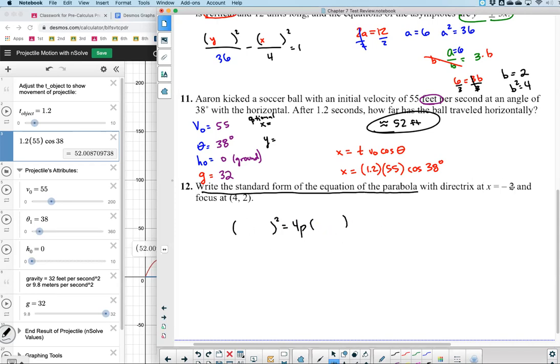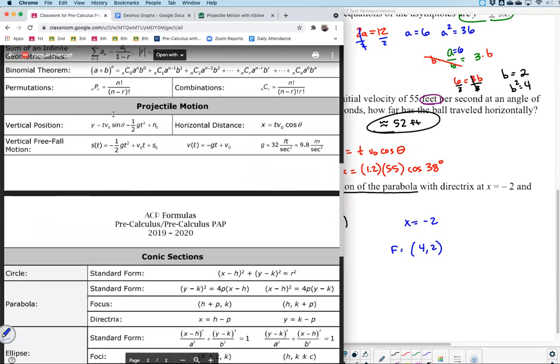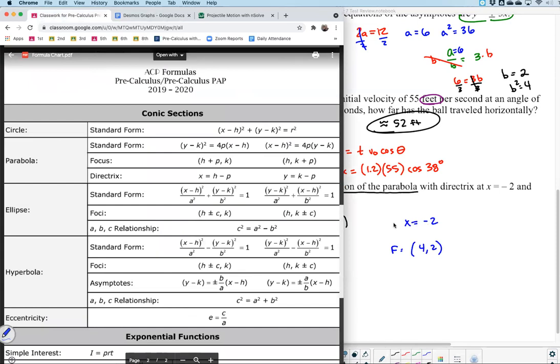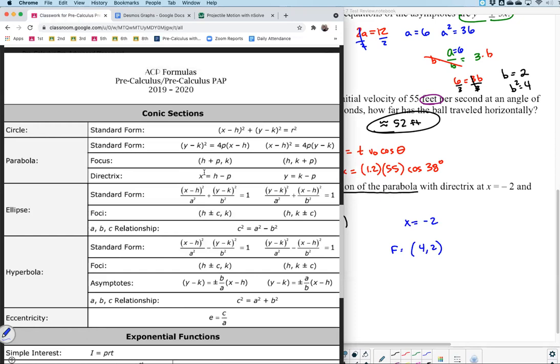It says a directrix is x equals -2, and a focus at 4, 2. Okay, let's go to the formula chart now. And for a parabola, we're looking for the directrix that's x equals -2. That means I'm on my left side, because that's what has a directrix that's x equals.